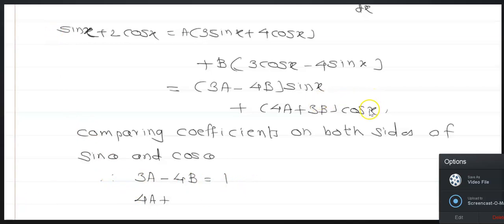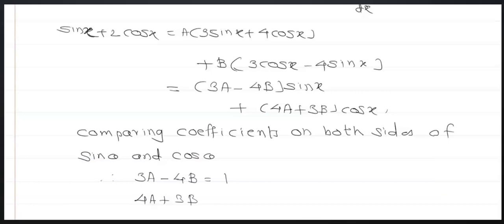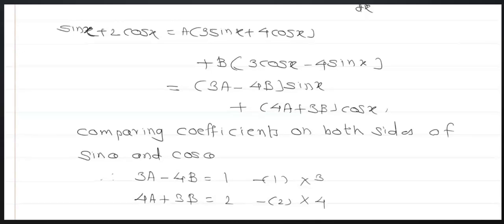What about the cos x? The coefficient of cos x on the right hand side is 4a plus 3b, and on the left hand side it is 2. Therefore 4a plus 3b is equal to 2. Now we will solve these two linear equations. Multiply equation 1 by 3 and equation 2 by 4 and add.